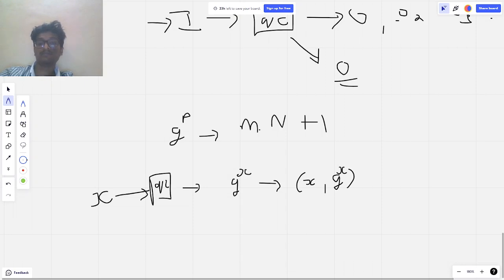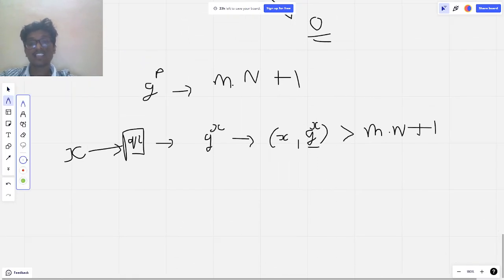It will compare with a multiple of n plus 1 and output how much larger g to the power x is than that multiple of n plus 1. Say we call it the remainder r. So it will calculate g power x, find how much larger it is than a multiple of n plus 1, and we will get one r.